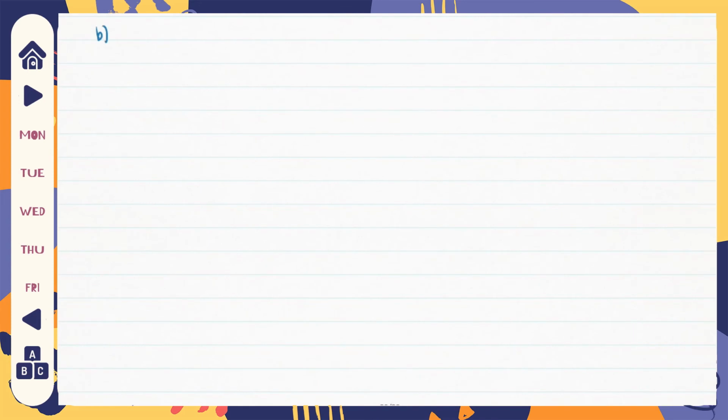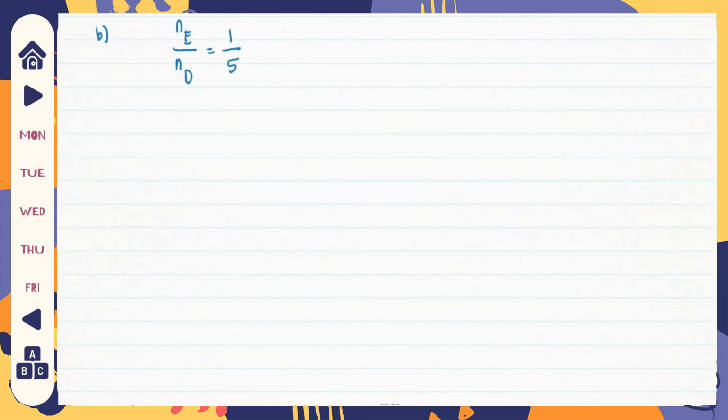Then B, calculate the number of mole of compound E formed. Like I said just now, compound E is our product, so the amount of E depends on our limiting reactant, which is D. To calculate mole of E, we use the mole ratio. Mole ratio of E to D is 1 over 5. How do we know? We look at the balanced equation.